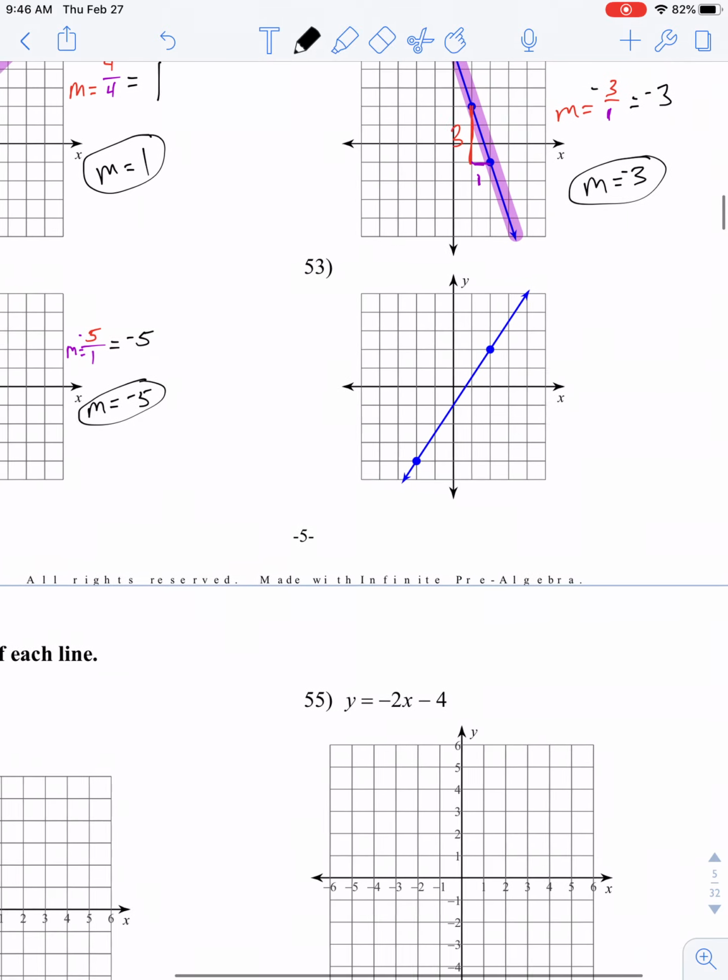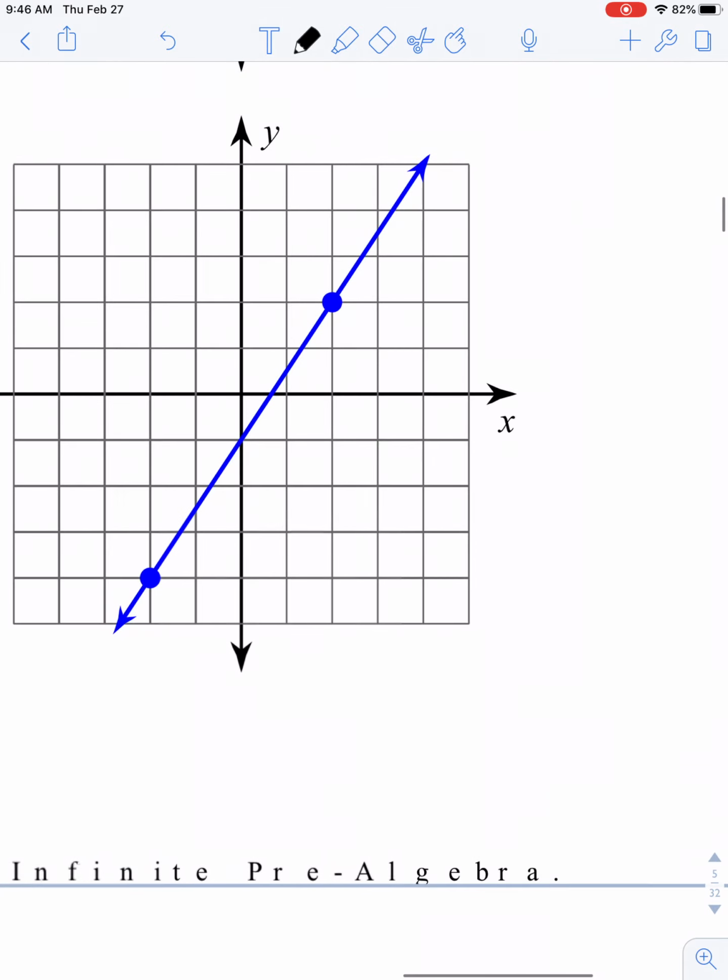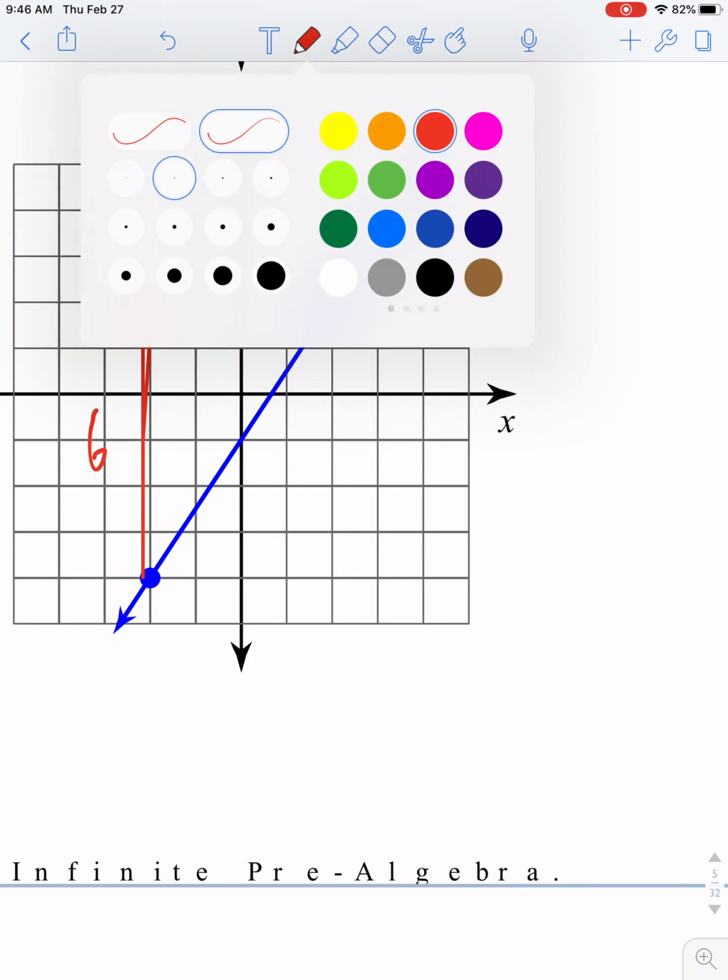Looking at question 53, again, we're going to find the rise first. And so we've got 1, 2, 3, 4, 5, 6. So the rise is 6.